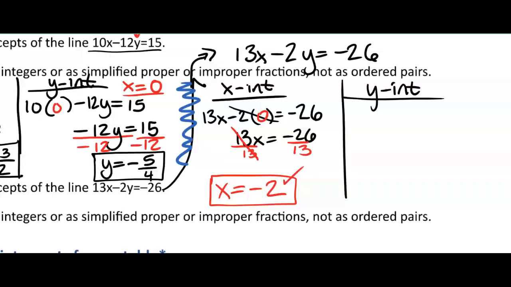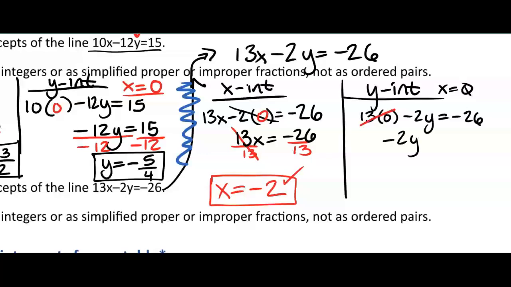For our y-intercept, it is on the y-axis where x equals 0. So 13 times 0 minus 2y equals negative 26. 13 times 0 is 0.